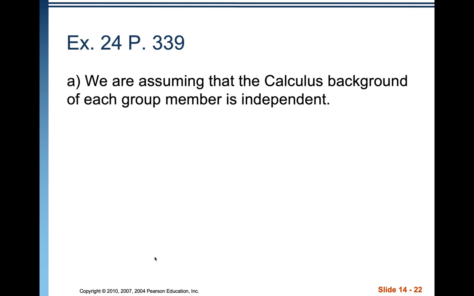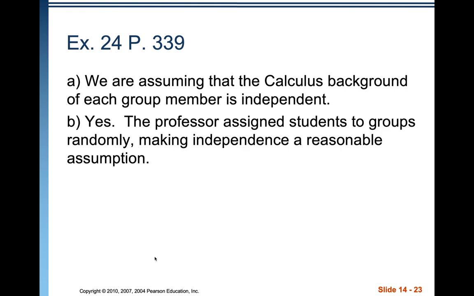Okay, exercise 24 on page 339. We're assuming that the calculus background of each group member is independent. Yes, the professor assigns students to groups randomly, making independence a reasonable assumption.